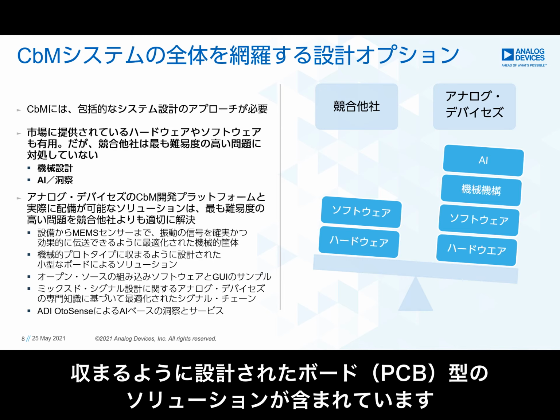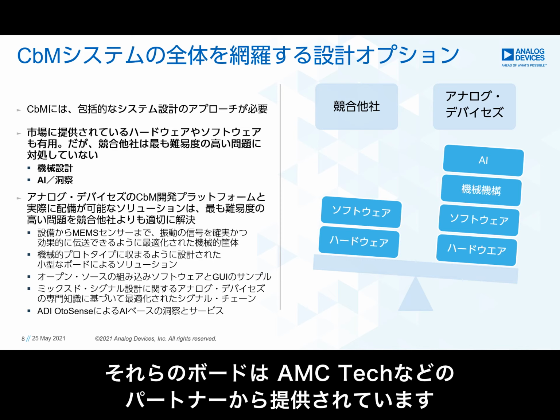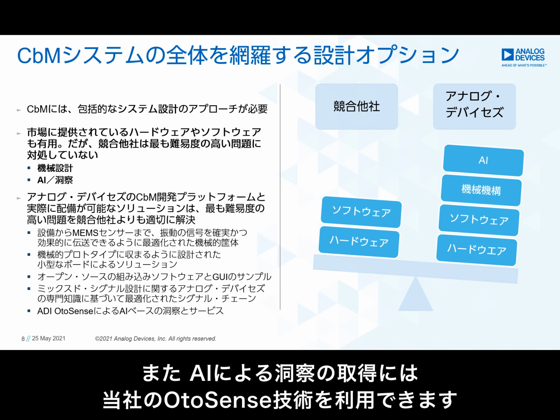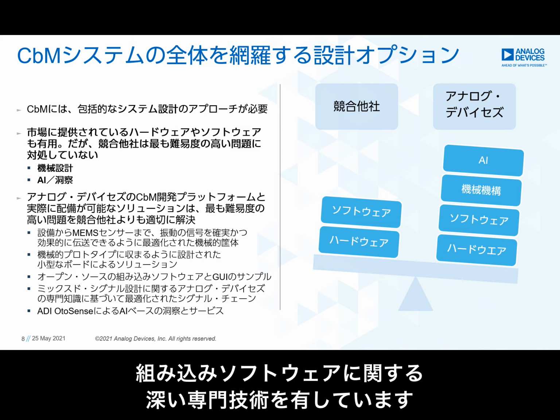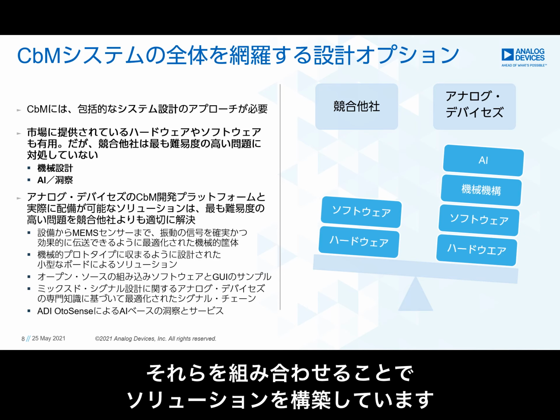Our portfolio includes PCB solutions designed to fit mechanical enclosures, which are available from our partners such as AMC Tech. AI insights are available using ADI's AutoSense technology. All of these benefits are combined with Analog Devices' deep domain expertise in mixed signal, hardware design, and accompanying embedded software.